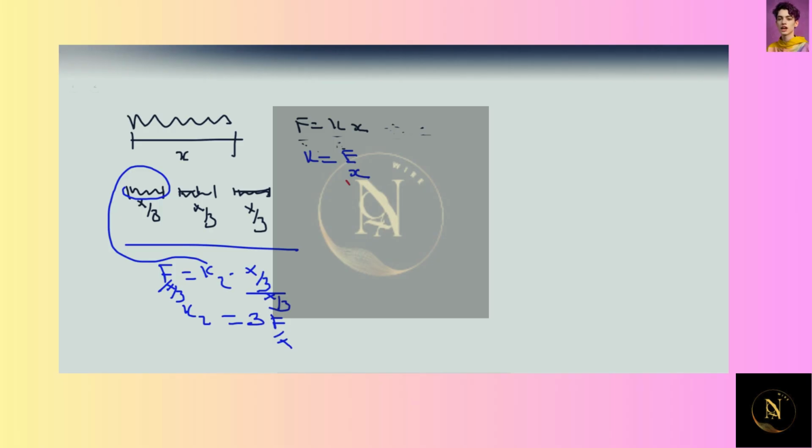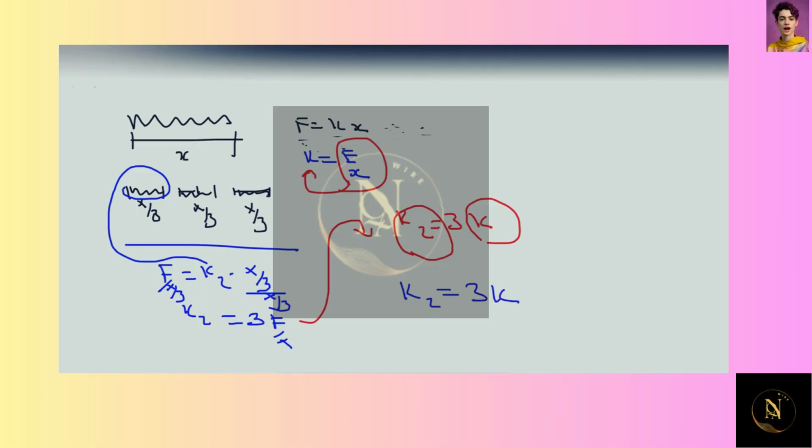Initially, F over x was the spring constant for the original spring, so k2 equals 3k. All we're saying is that if you split the spring into three equal parts, your spring constant k2 will be 3 times the original spring constant. So our final solution is k2 equals 3k.